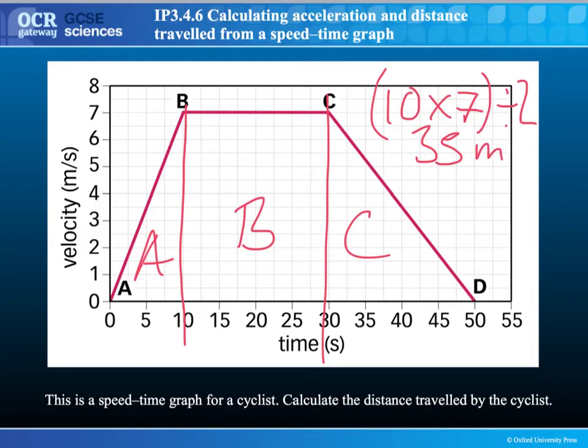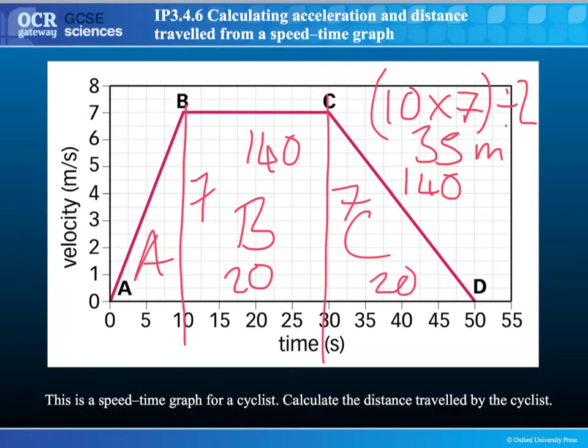The rectangle here has a height of 7 and a base of 20, which gives 140 meters. And the triangle here has a height of 7 and a base of 20, but because it's a triangle, we have to divide our answer by 2, so 7 times 20 is 140, divided by 2 is 70.